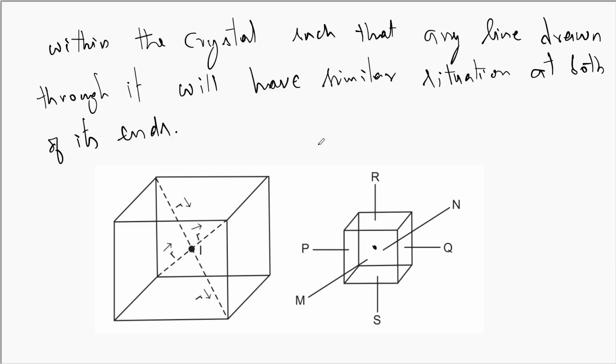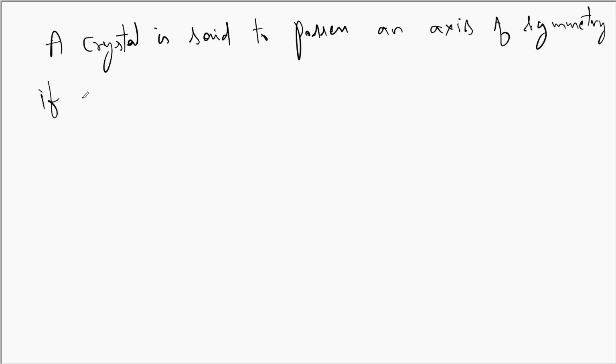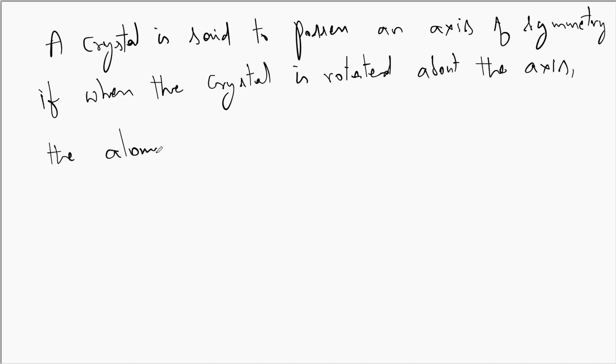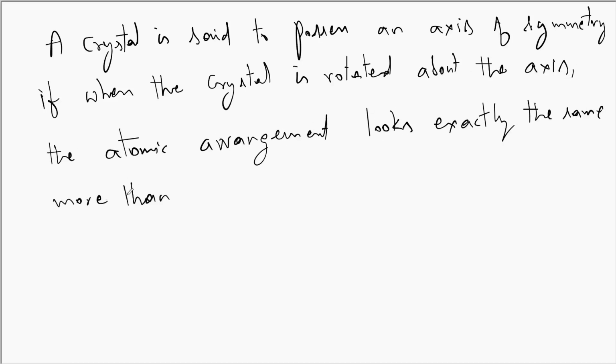Now we shall look at the axis of symmetry. A crystal is said to possess an axis of symmetry if when the crystal is rotated about the axis, the atomic arrangement looks exactly the same more than once during one complete revolution.